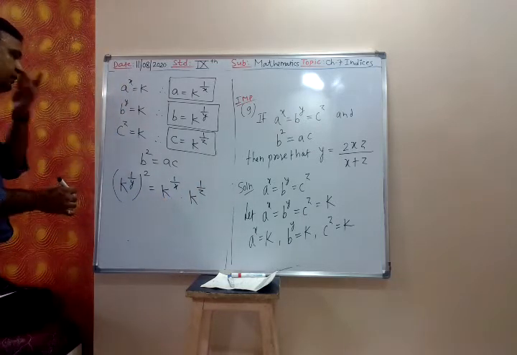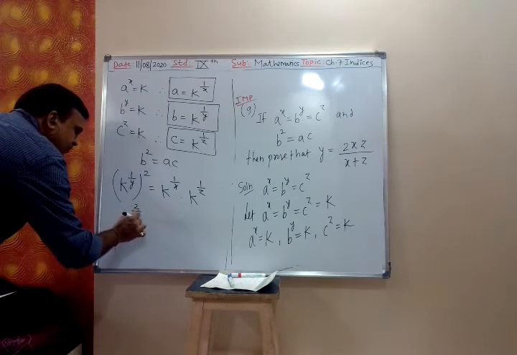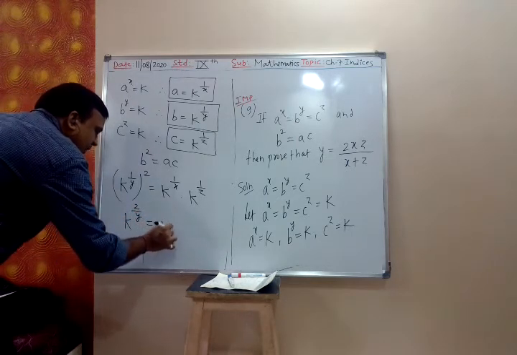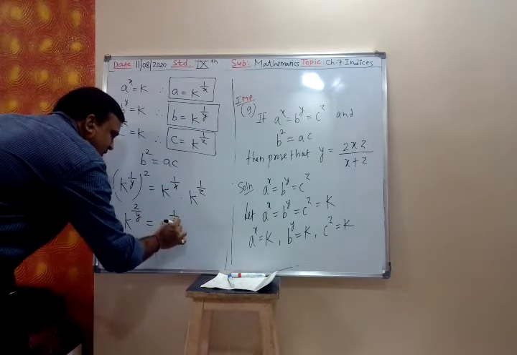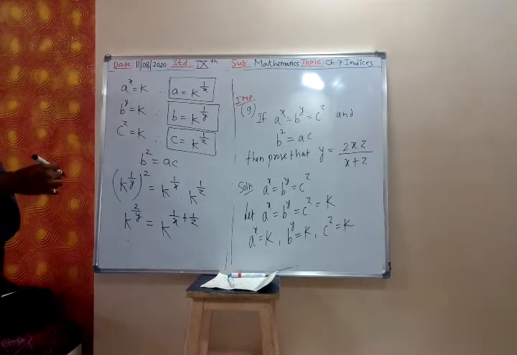So now power is to power, you have to multiply the power. So k raised to 2 upon y is equal to, power into power, add the power, 1 by x plus 1 by z.